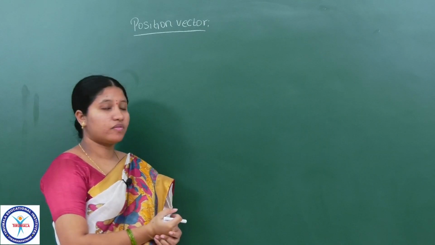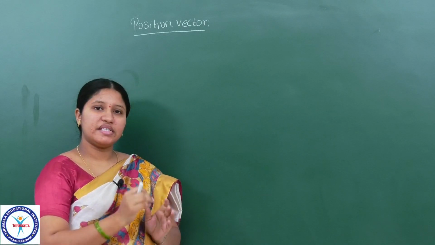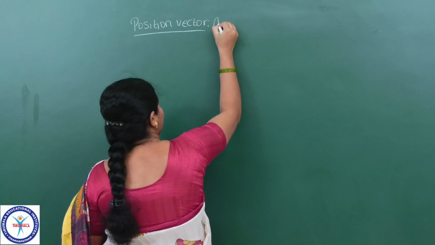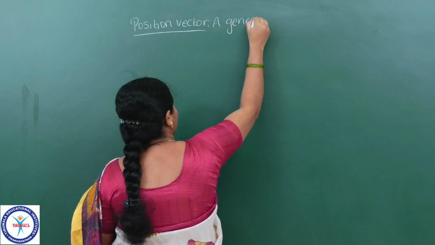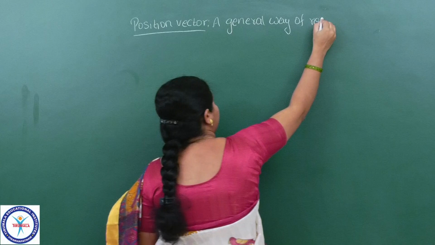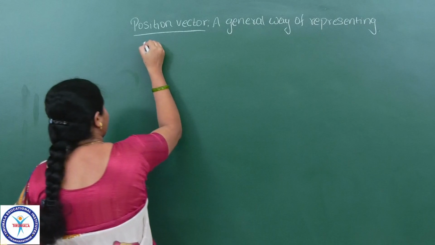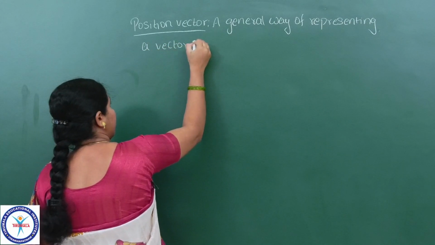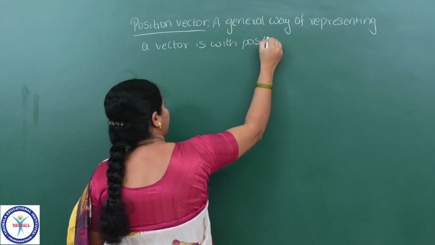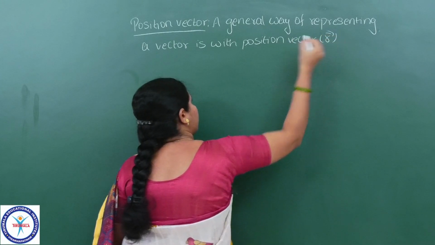A general way of representing a vector is with a position vector, which we call r bar.